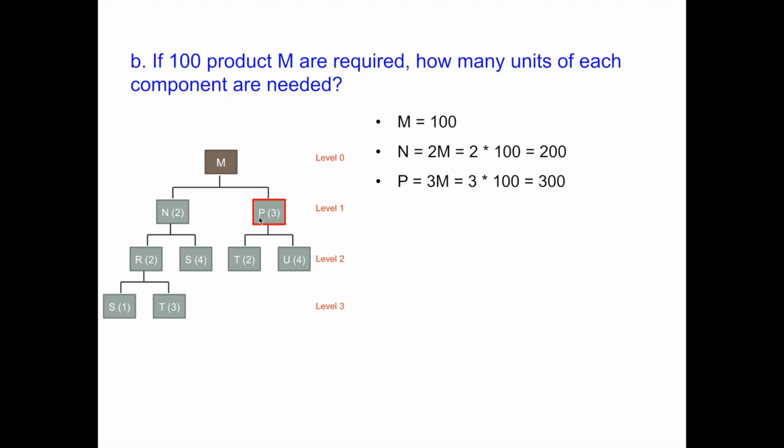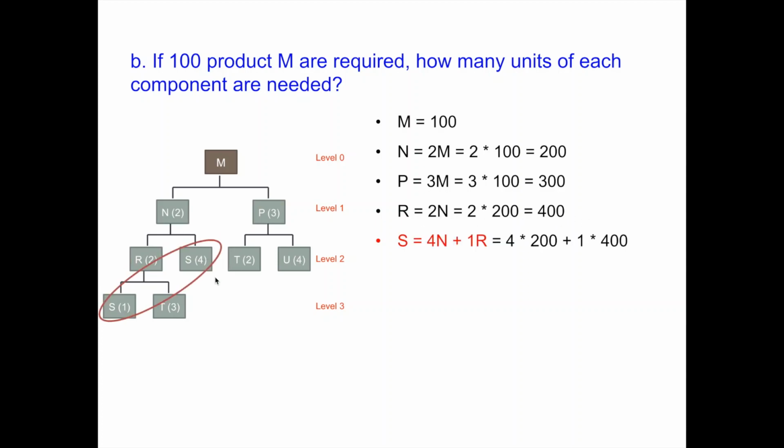We also need 3 units of component P, which is 100 multiplied by 3 equals 300. Next, in order to produce 200 components N, we need 2 units of R, which is 200 multiplied by 2 equals 400.